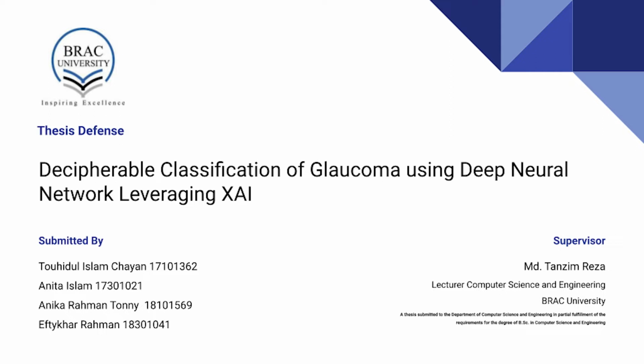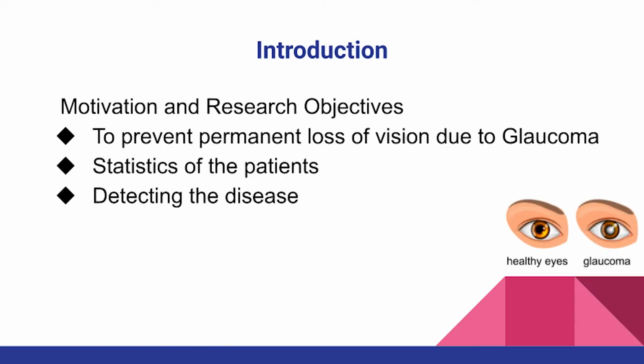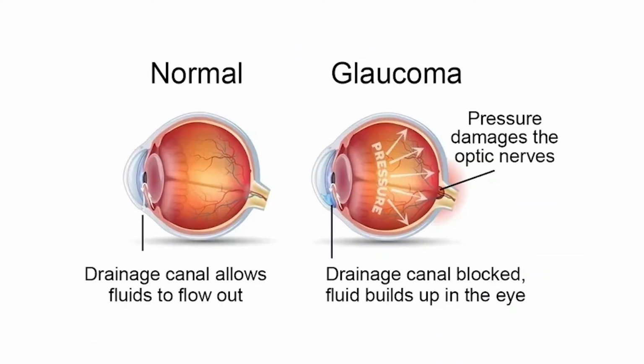Let's start. As we know, glaucoma is the second driving reason for partial or complete blindness among all the visual deficiencies, which mainly occurs because of excessive pressure in the eye due to anxiety or depression, which damages the optic nerve and creates complications in vision.